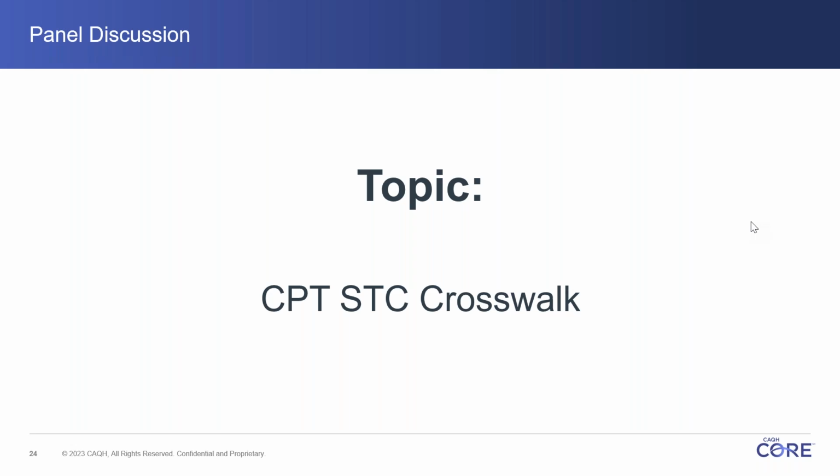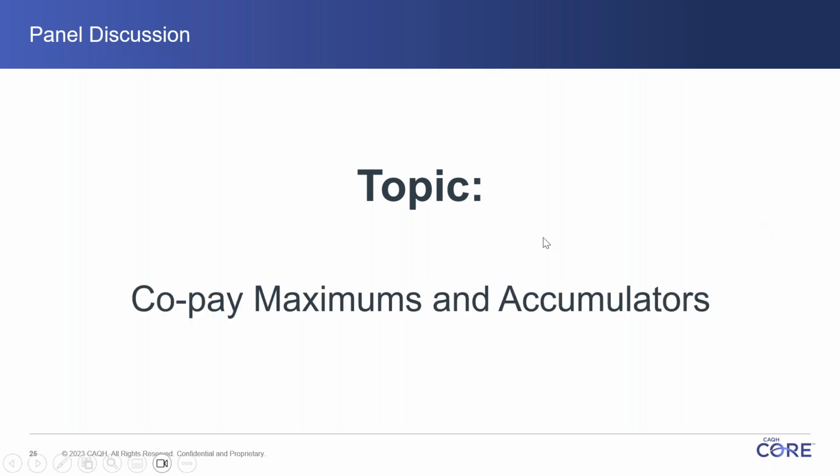Great. I'll move over to our next topic, which is related to copay maximums and accumulators. This is another topic that's important for providers, to understand what copay maximums are available for a member or a patient, and the accumulators, especially for those types of providers like chiropractic or physical therapy, where you have so many visits available for that member.